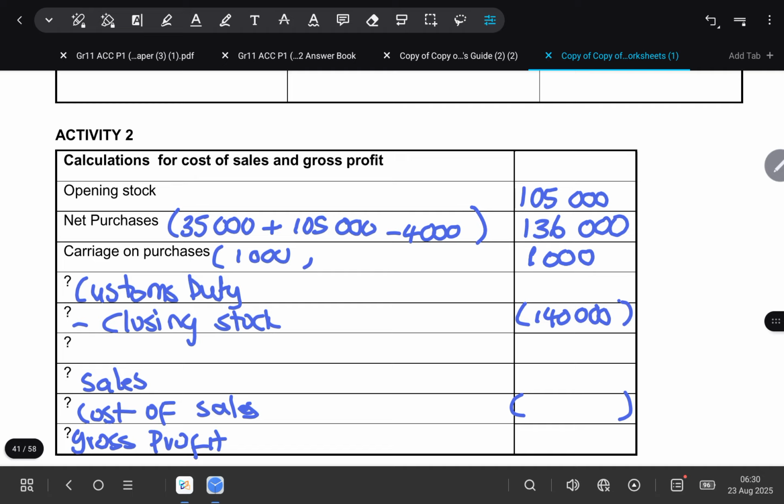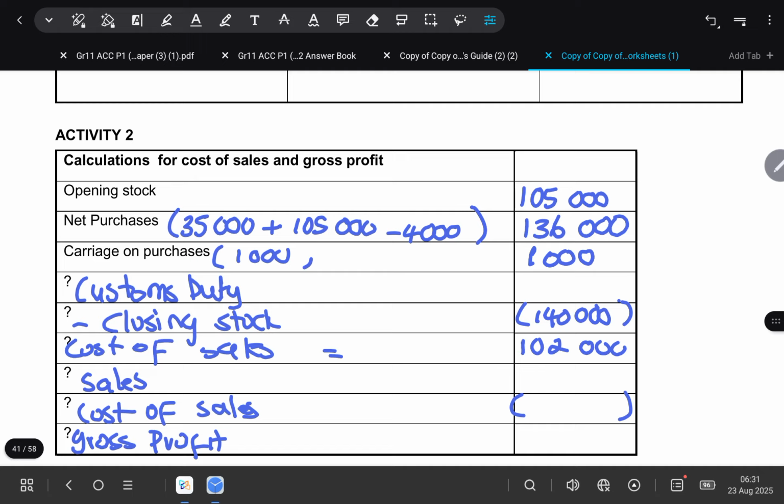Okay, so it's going to tell us that our cost of sales will be equal to 102,000. Okay, I hope we are together so far. So our cost of sales is 102,000.